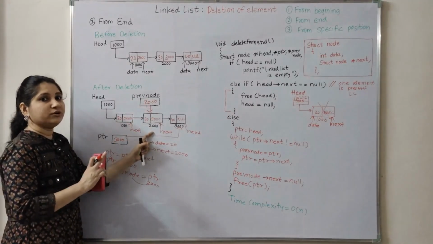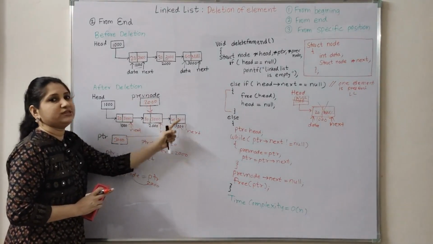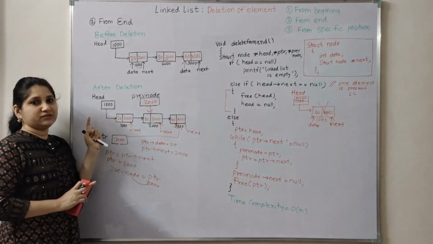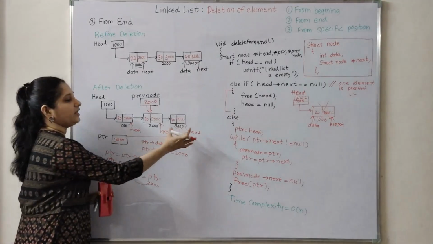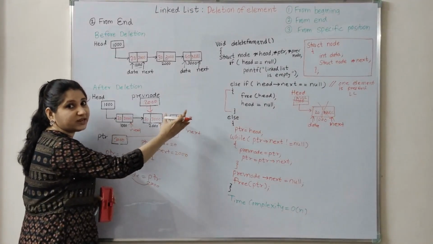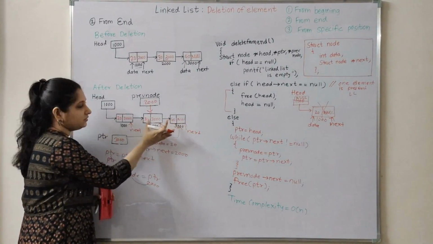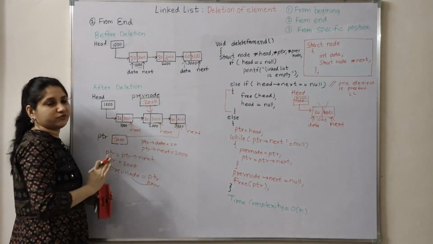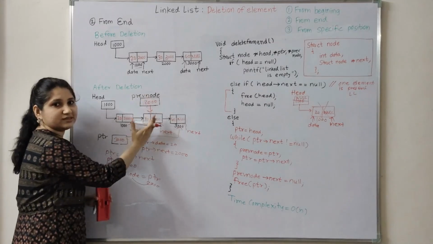But we are not moving from this 2000 location to the 3000 location in the case of previous node, because we have to delete that last element, and once we are deleting it, this should stay as it is. So we are keeping that previous node as it is.